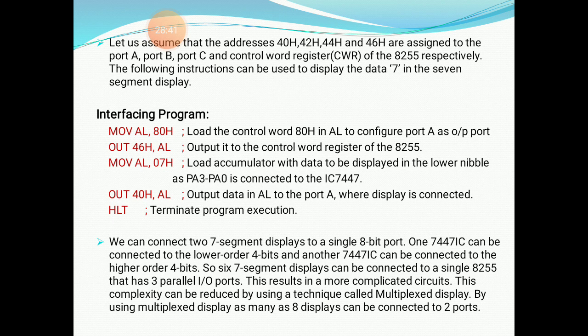So port A is used as output port, port B, port C default output ports. All ports are operated in mode 0 operation. So the control word for these ports, by using the control word format, is 80H. 80H is the control word required to interface port A as output port.